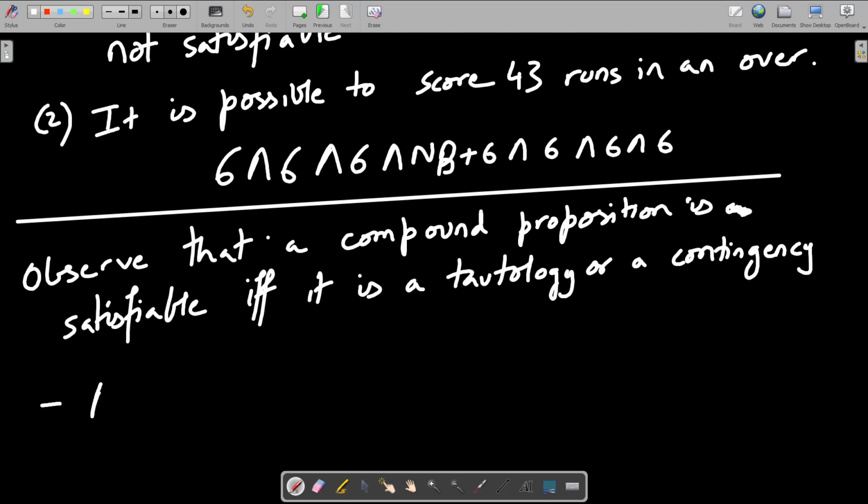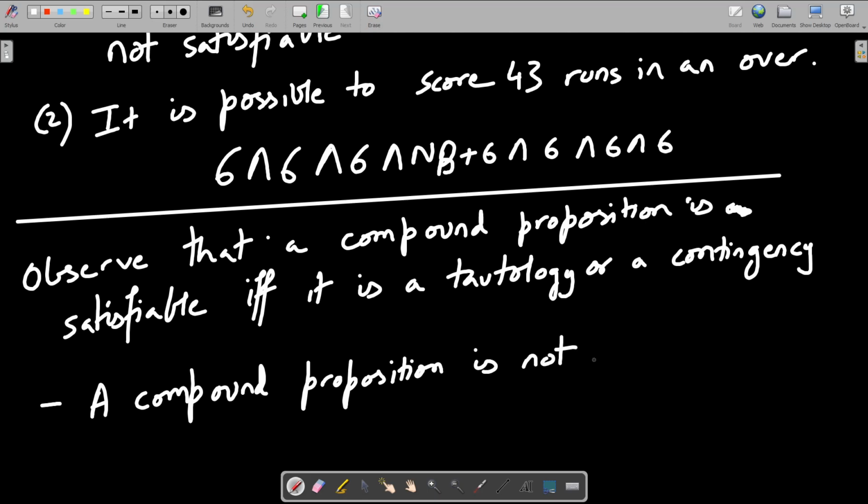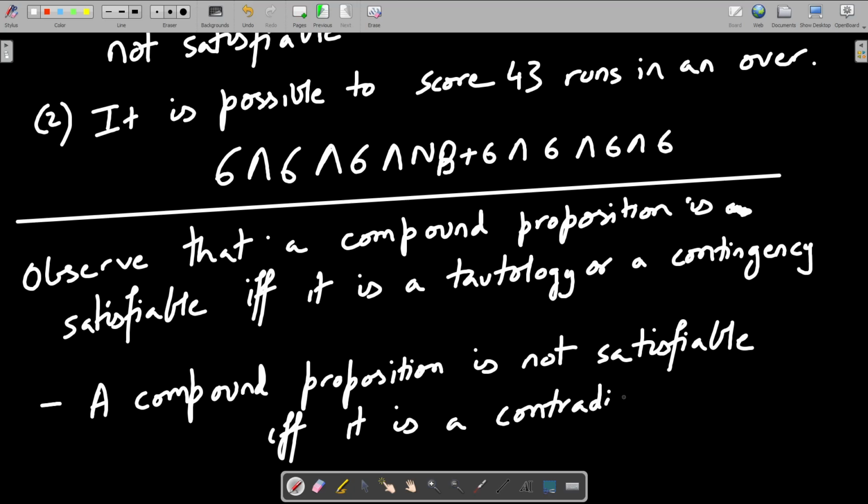Okay, another thing is a contradiction. Basically just observe that the statement which I am writing now is the negative of the previous statement. A compound proposition is not satisfiable if and only if it is a contradiction.